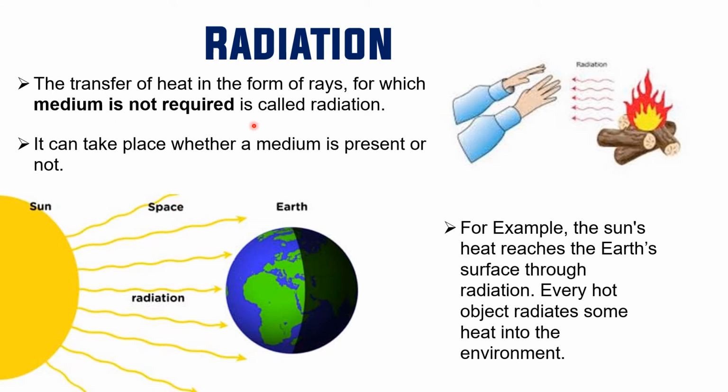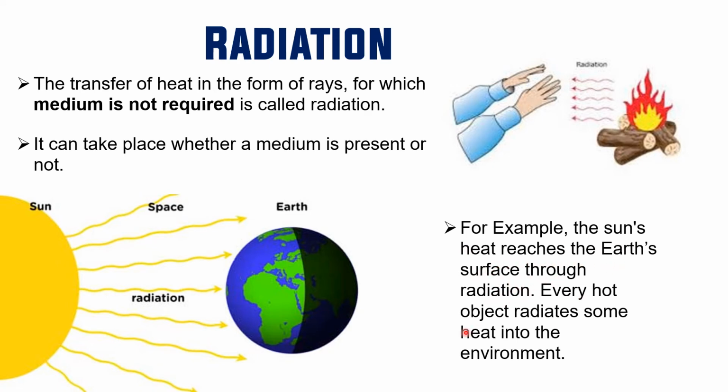And in the first picture you can also see a fire burning, and we get that heat through radiation, so it doesn't need any medium. For example, the sun's heat reaches the earth's surface through radiation.